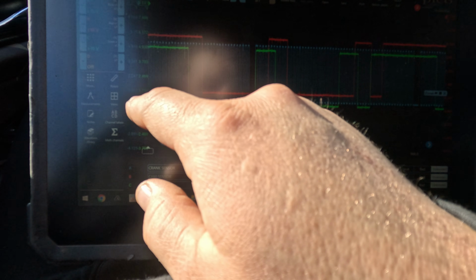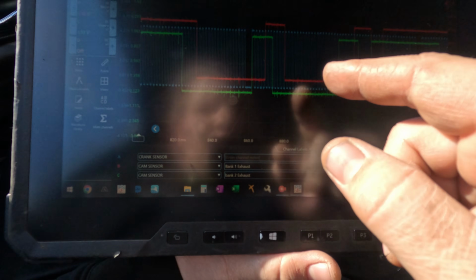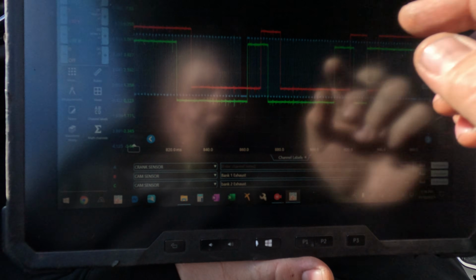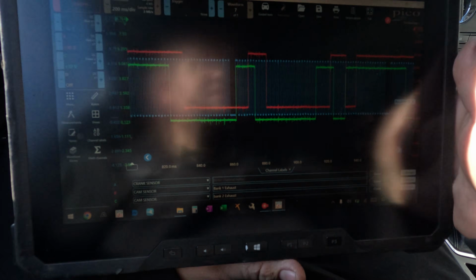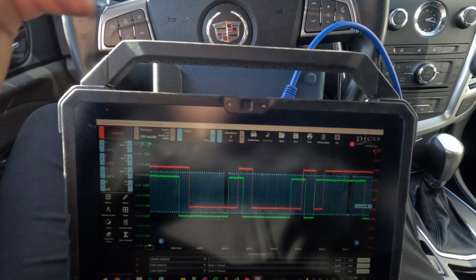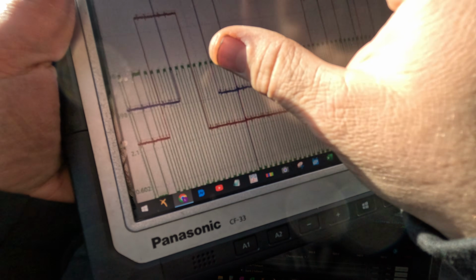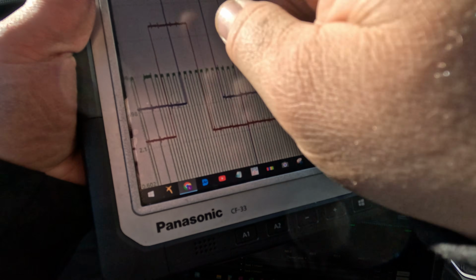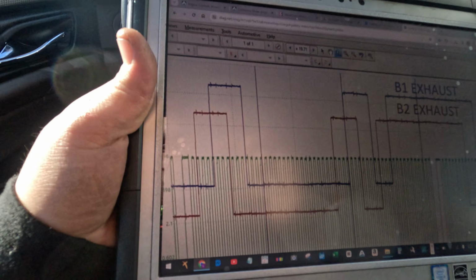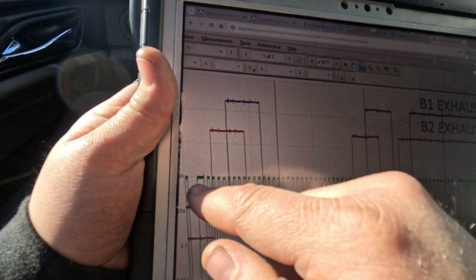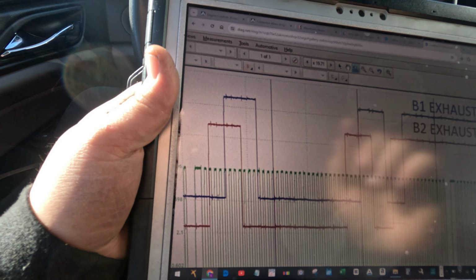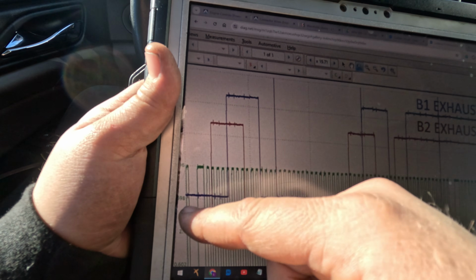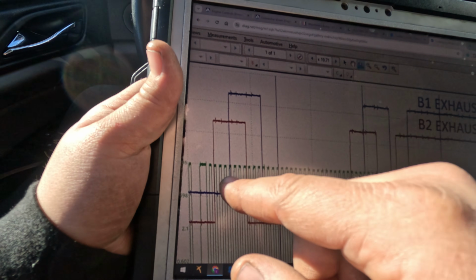So on bank 1, the red is at 1, 2, 3, 4, 5 in. And over here, his is at 1, 2, 3, 4, 5, 6 in. So that's definitely off by a tooth, or one of these notches. We'll figure out in a minute what that is.